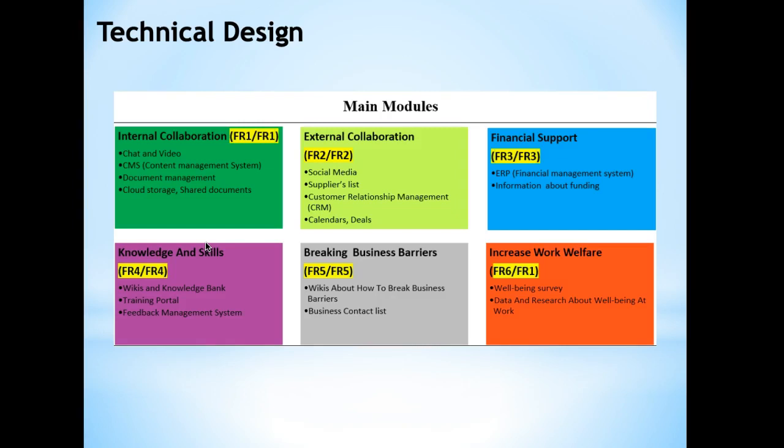This part concerns the technical design, which means that the whole design is going to have 6 modules: internal collaboration, external collaboration, financial support, knowledge and skills, breaking business barriers, and increasing work welfare.